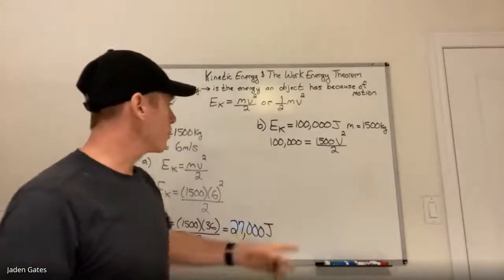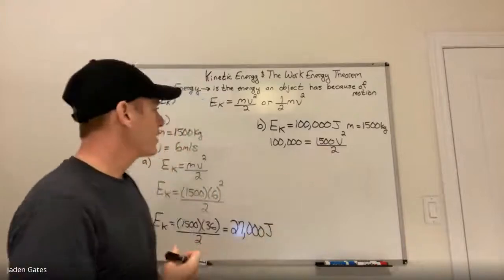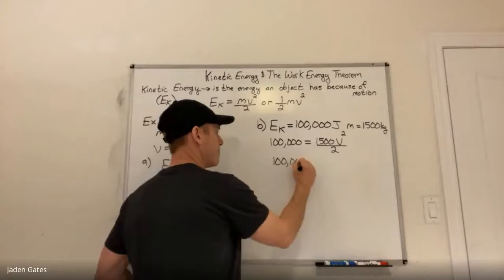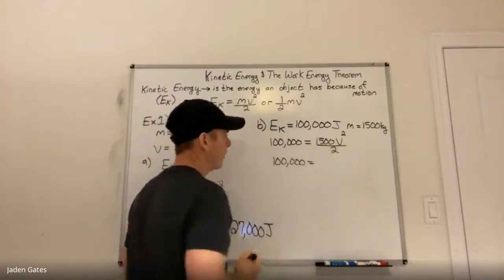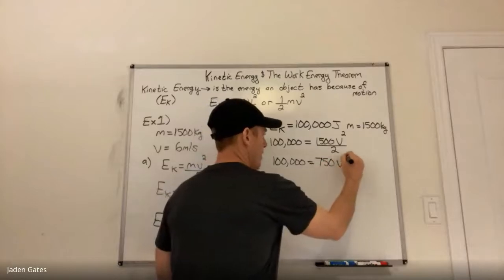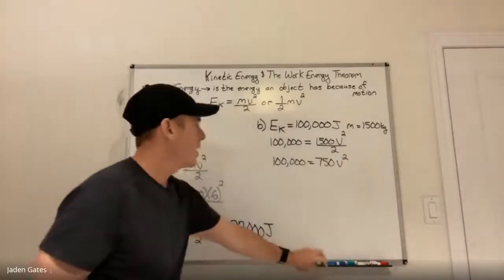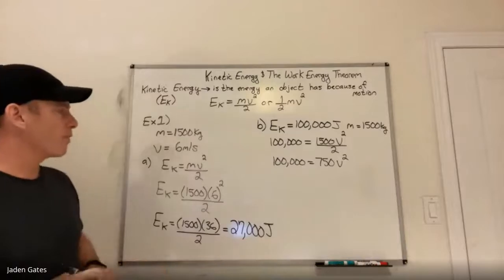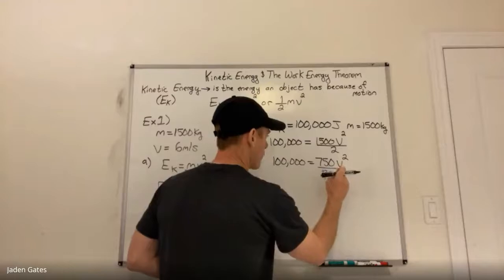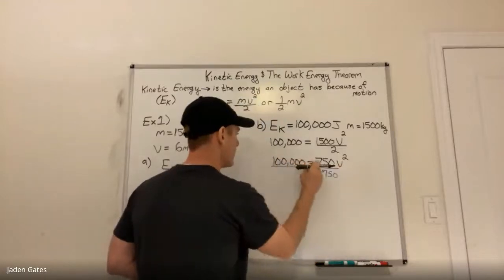The first thing I'm going to do is take 1,500 divided by 2 and simplify that. 1,500 divided by 2 is 750, times my v squared. I do that so that I can get just one number on that side, and so that I can now divide by my numerical coefficient, which is that 750.